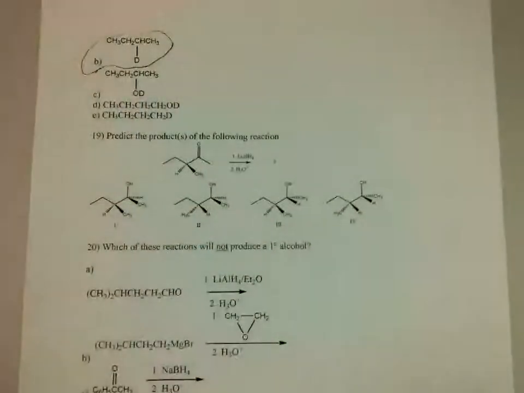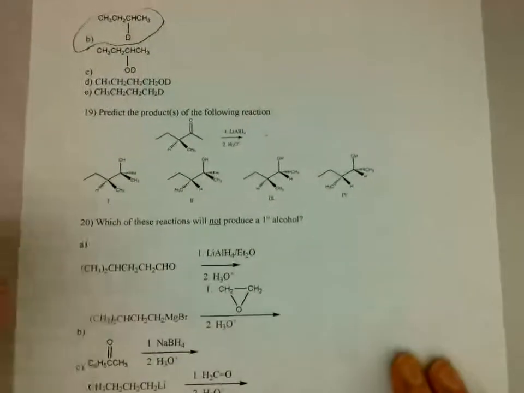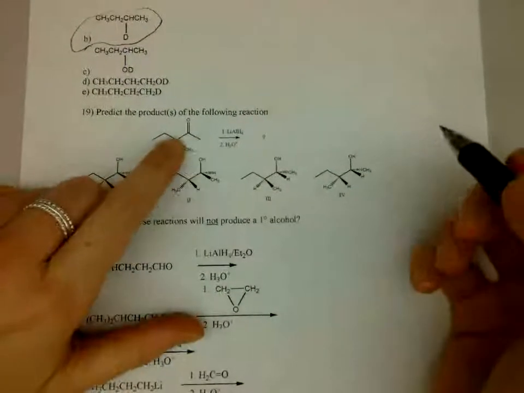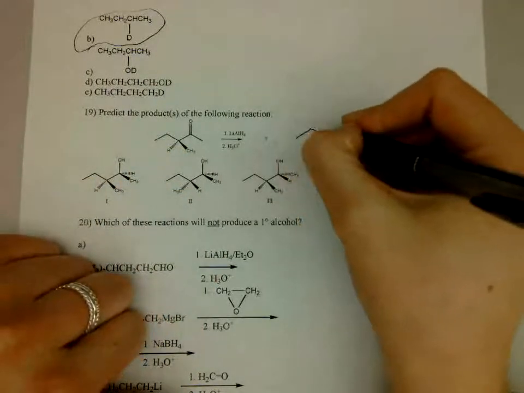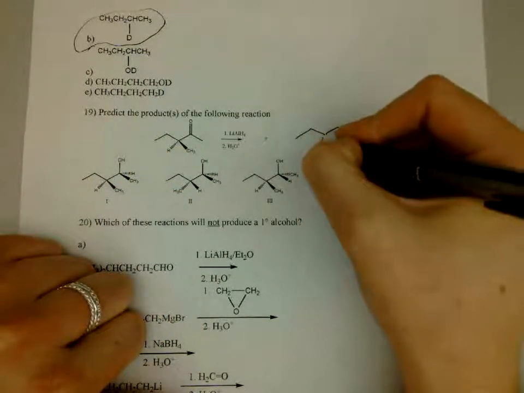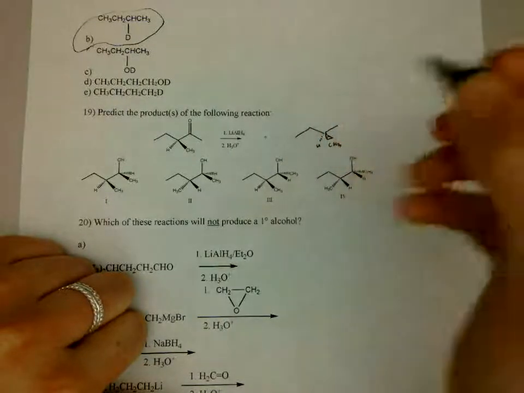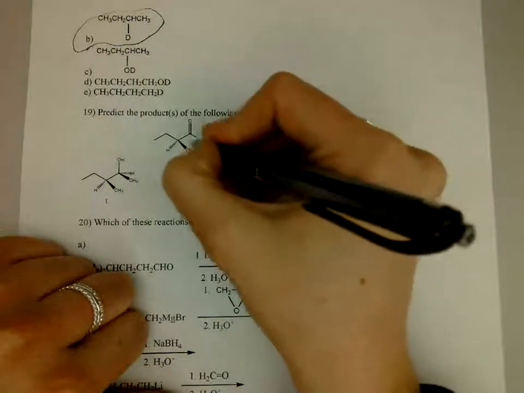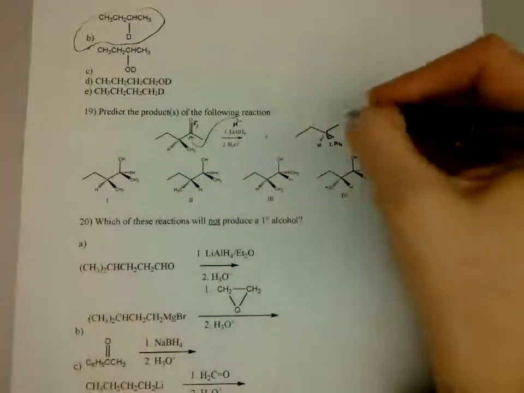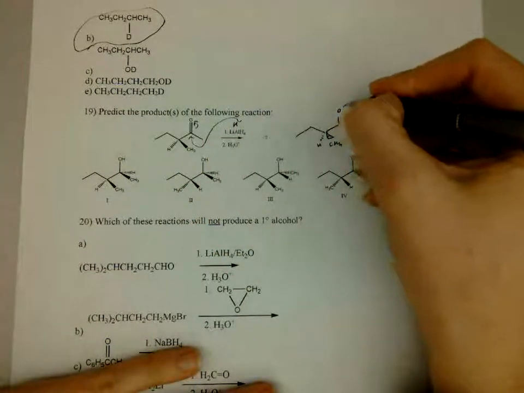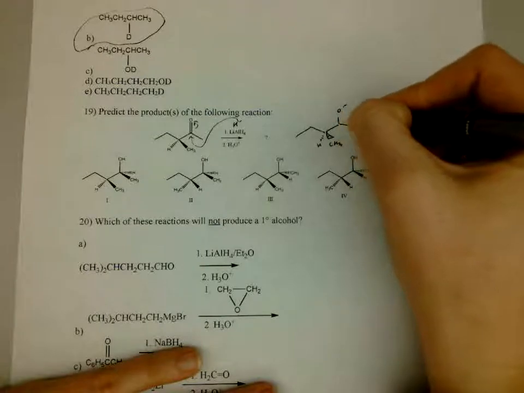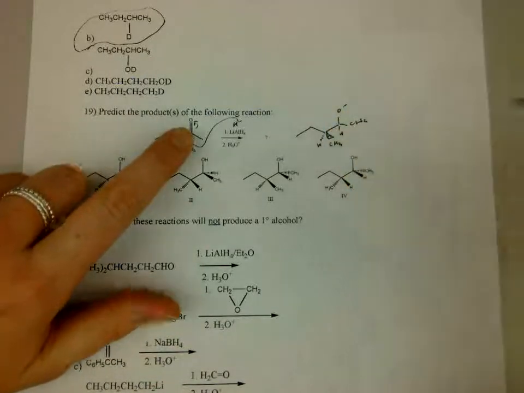Question 19, predict the product of the following reaction. So LAH will reduce a ketone. You can, if you want, draw the mechanism. So you'd get O minus, the CH3 is already there, and then your H here.